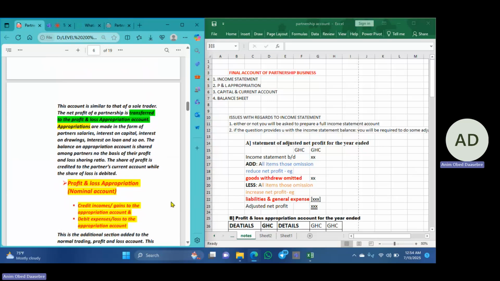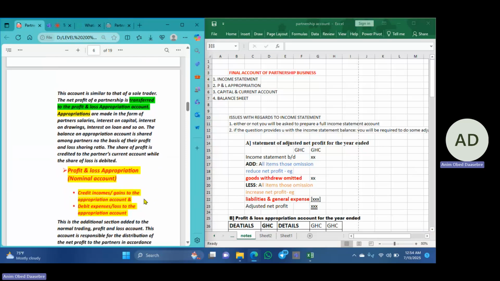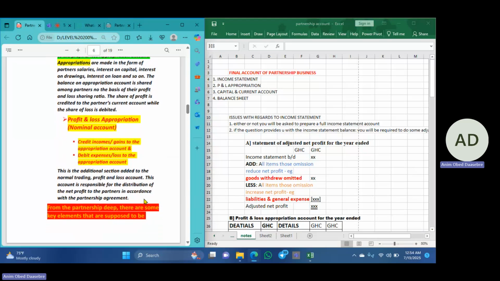All right, sure. So basically, this is how you go about adjusting the net profits of the business. So now let's move toward the profit and loss appropriation account and look at how to deal with that too, right?